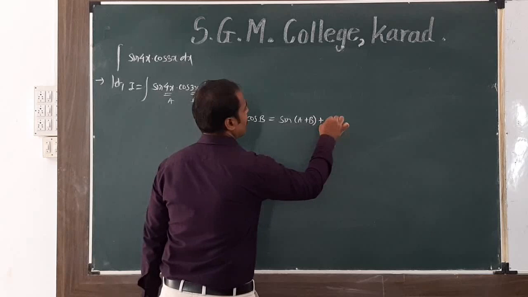Okay, plus constant of integration c. After simplification it is minus cos 7x divided by 2 times 7, that is 14, plus minus cos x divided by 2, plus constant of integration c, which is our answer to the given question.